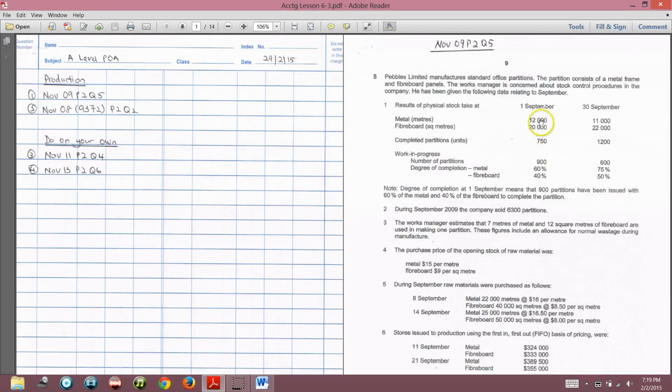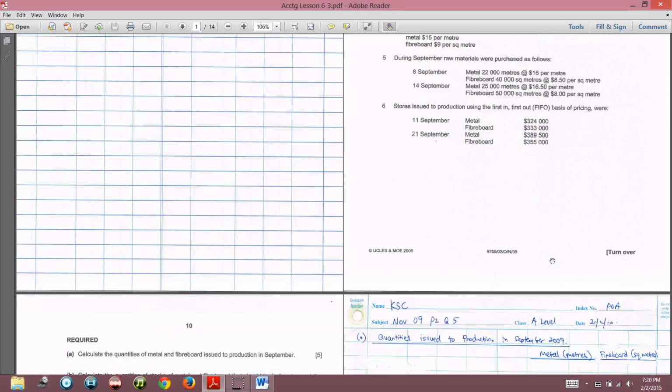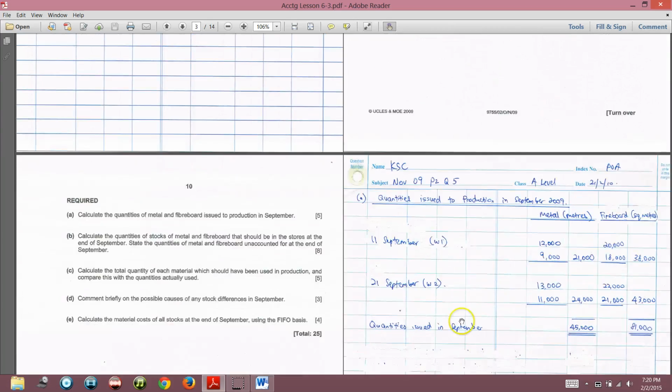The opening stock would go out first, then the subsequent incoming stock would go out, so it's on a first in first out basis.